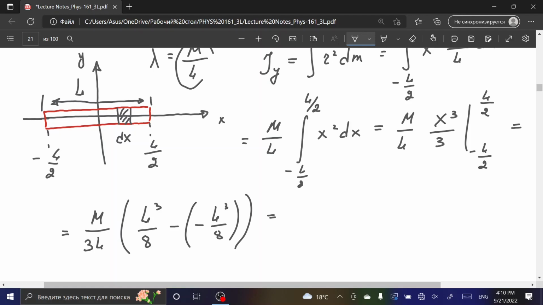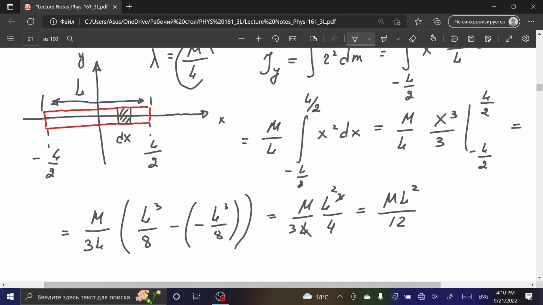So we end up here with M times L cubed. Let's write it like this: 3L, and here L cubed over 4. So L and the cube cancel out, here will be second power, and we end up with M times L squared over 12. So that is the moment of inertia of this rod with respect to axis y.